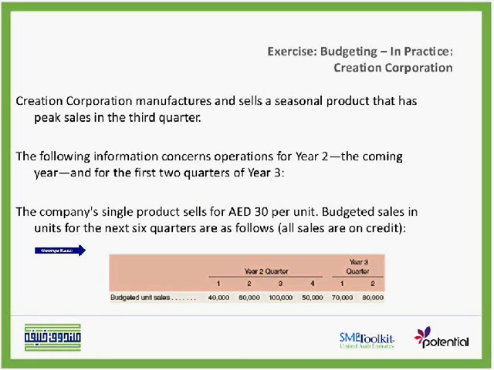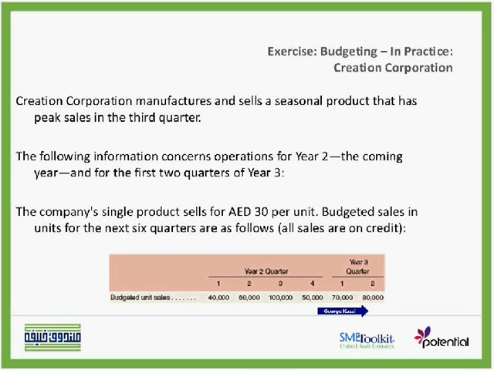We have the budgeted unit sales during 4 quarters of year 2: 40,000 in the first quarter, 60,000 in the second quarter, 100,000 in the third quarter where the sales peak, 50,000 in the fourth, and during the coming 2 quarters of the next year, it will be 70,000 and 80,000.